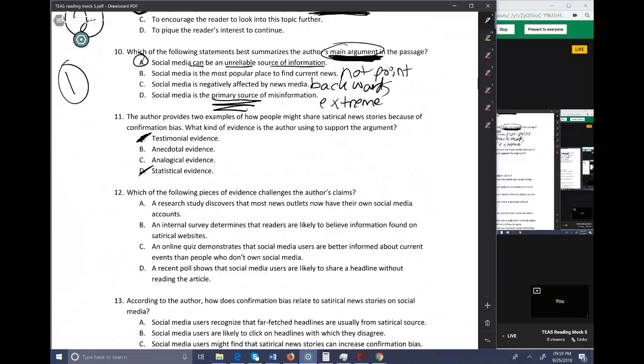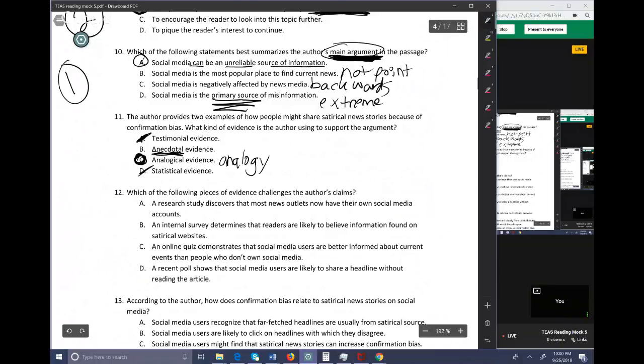Anecdotal evidence is when someone tells a story and it's an actual story, it's their story. And then analogical evidence is when somebody makes an analogy. So in this case, the one that's the best is the analogy, because there's not an actual story being told.